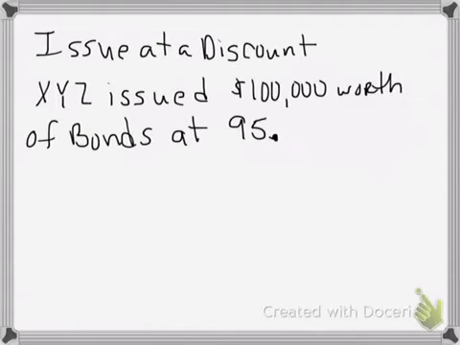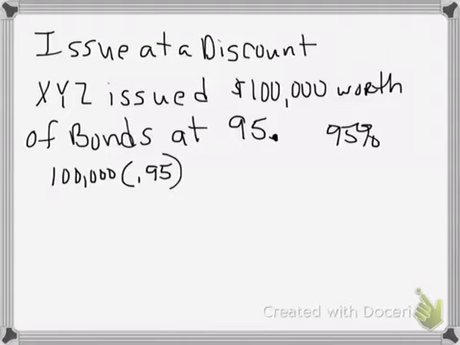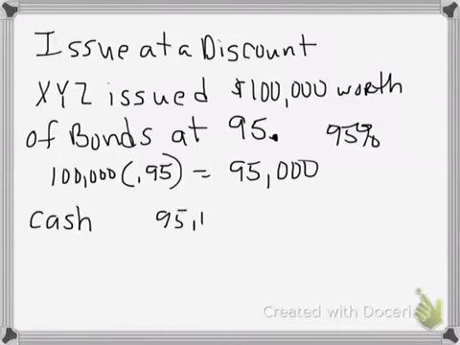Now, if we had it at a discount, we would do pretty much the same thing. So say XYZ issues $100,000 worth of bonds at 95. 95 means 95% of the face value. So we would take the $100,000, multiply that by that 95%, and we would get $95,000. So in this case, we are only getting cash in of $95,000.